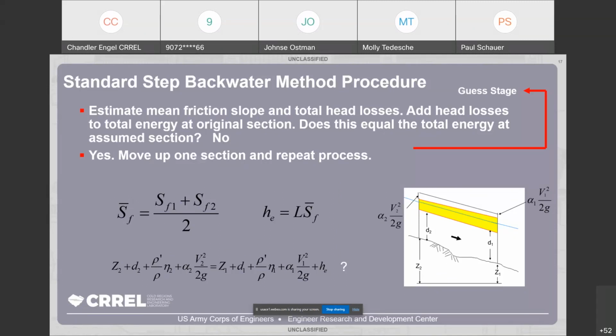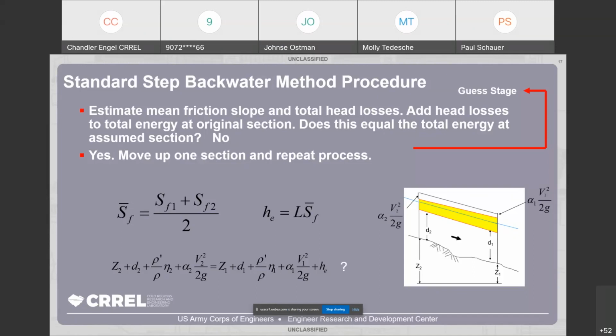If our guess of stage upstream was good, the upstream total energy should be equal to our downstream energy plus that head loss term due to friction. On our first guess, we're probably going to be off, and it was just a guess. So we use the error between our results to make a better guess for the upstream stage and then repeat this whole process. It's iterative.